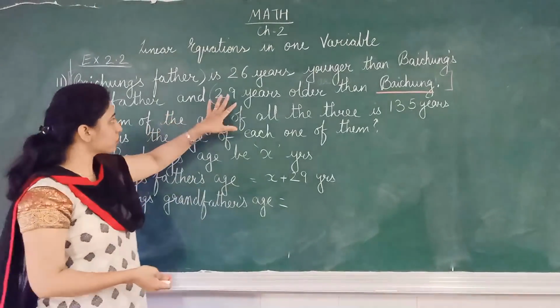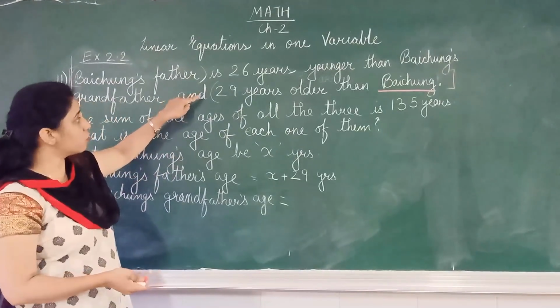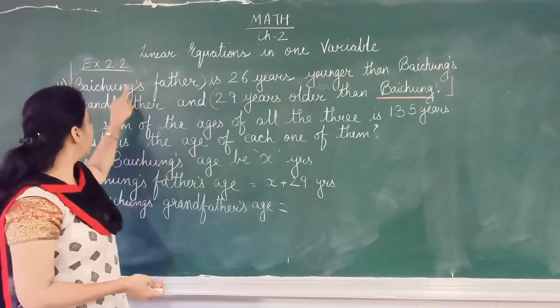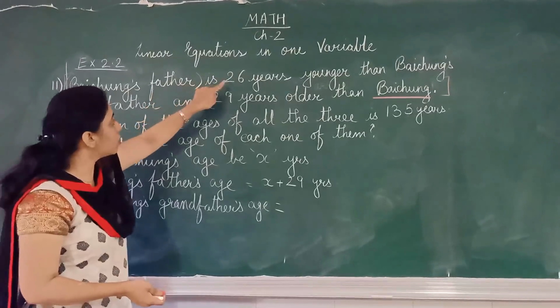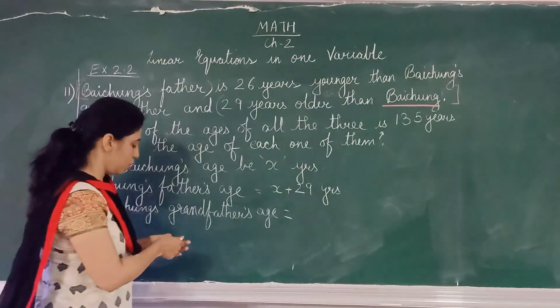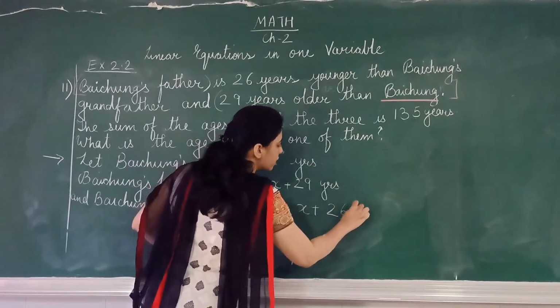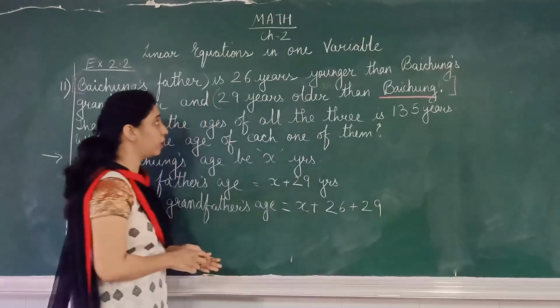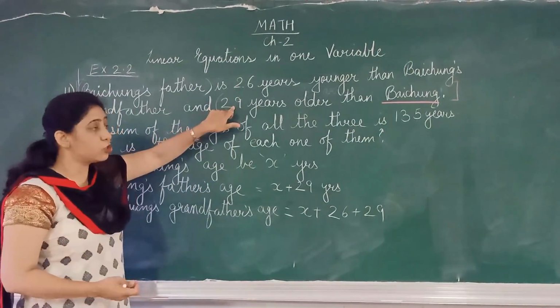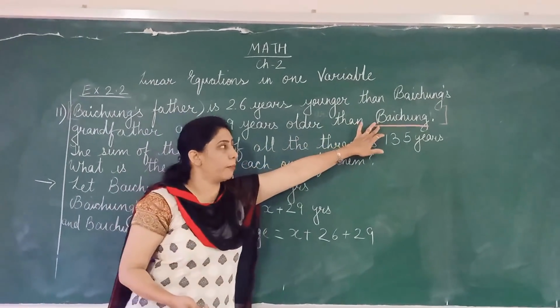Father's age is x plus 29. Baichan's father is 26 years younger than Baichan's grandfather, so the grandfather will be x plus 26 plus 29. We have to add both, since he is older than Baichan's father, who is older than Baichan.